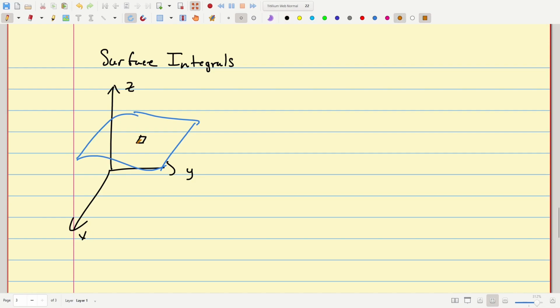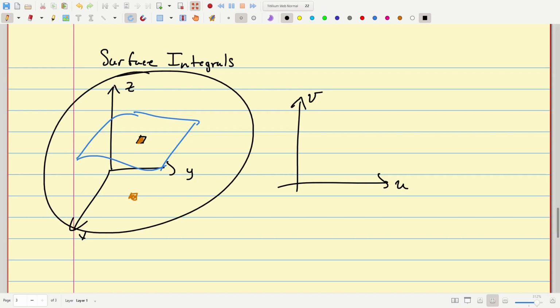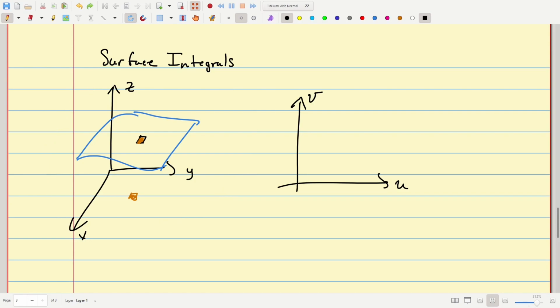And this patch up here is going to correspond to a patch in our parameter domain. The parameter domain is not x and y. It's technically u and v. But I obviously drew this as a graph, so x and y are probably okay. You have to remember we're distinguishing between parameterizations and graphs. But we want to make the picture as easy to understand as possible. So there's a patch here.